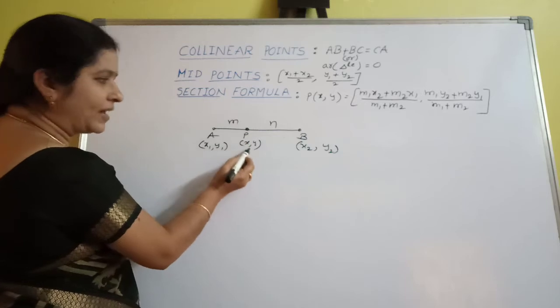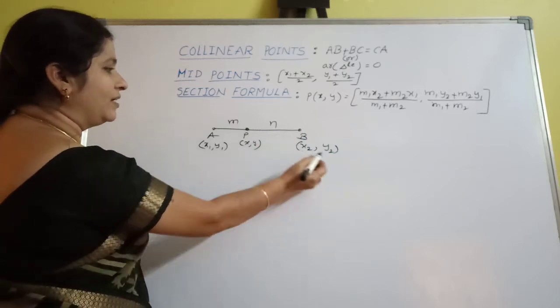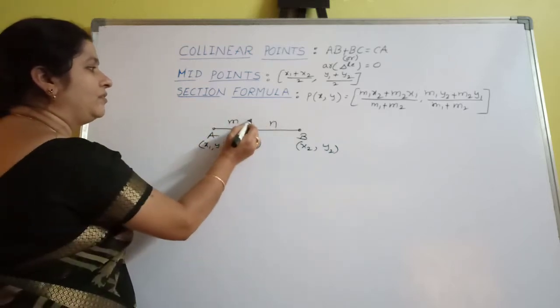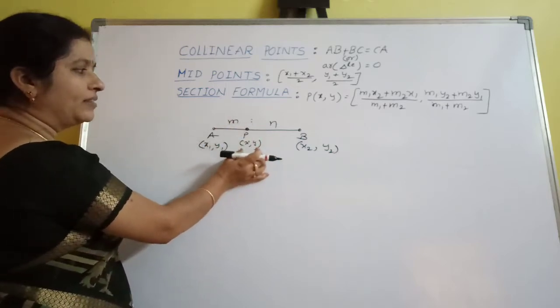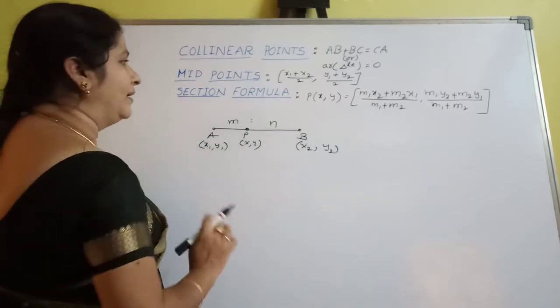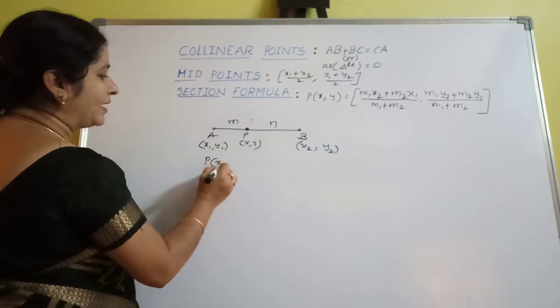Suppose let P equal to (x, y) here. A and B are (x1, y1) and (x2, y2). The ratio we are taking is m:n. So how can we find the point by using the ratio and the two coordinates? That is the formula here.